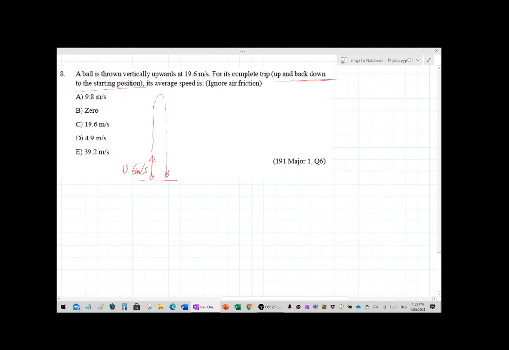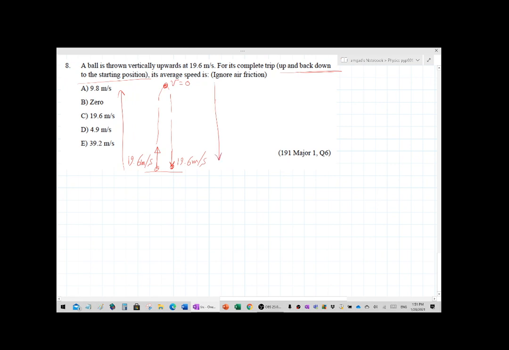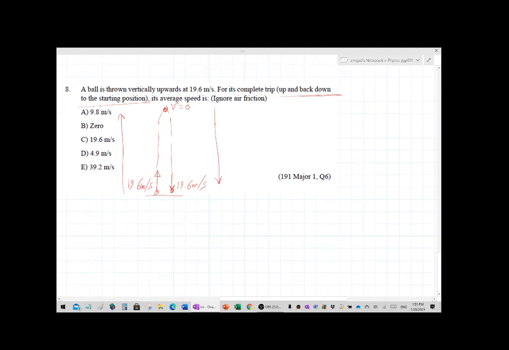And by the way, when it returns back, its speed also is the same, but in the opposite direction. I think you know that. And at the top point, its speed is 0. The time taken to go upward equals the time taken to go downward. So the two trips going up and down are almost the same.